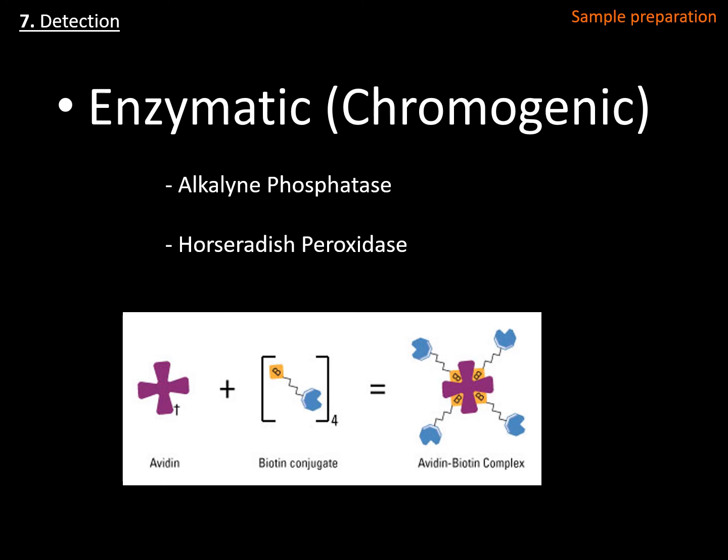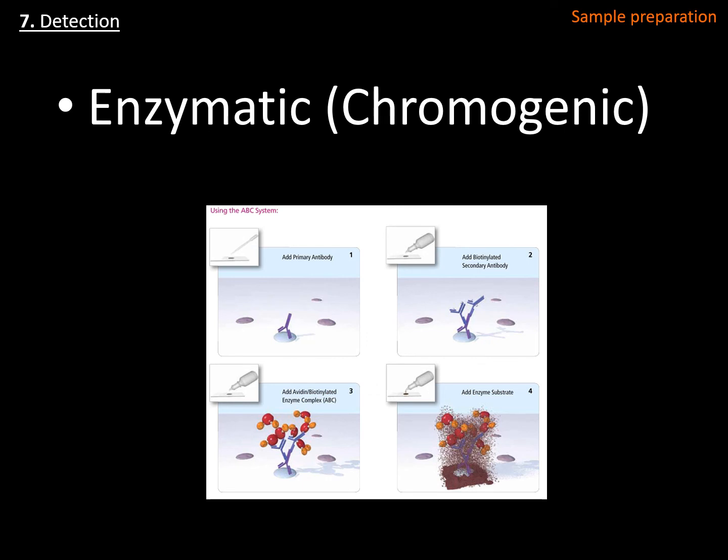By conjugating these enzymes with avidin and biotin, you can increase the number of enzymes per antibody where they are bound. And as you can see here in this cartoon, you add the primary antibody here in step 1, and then you add the biotinylated secondary antibody.